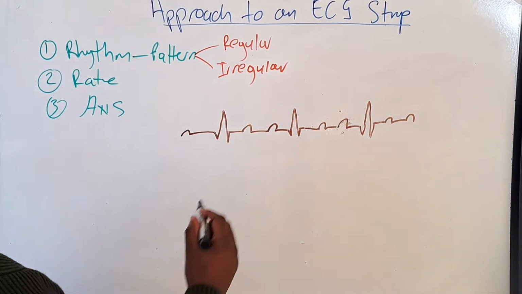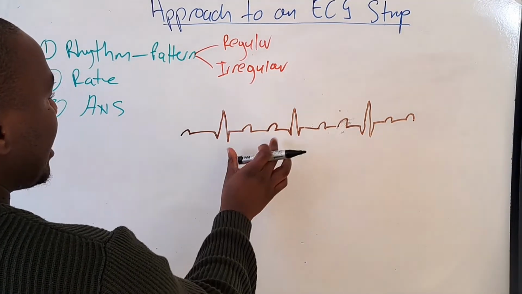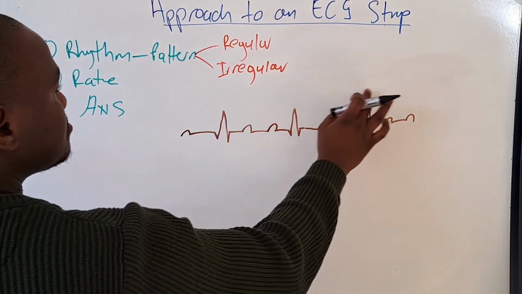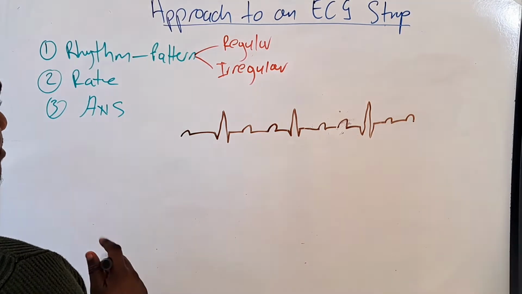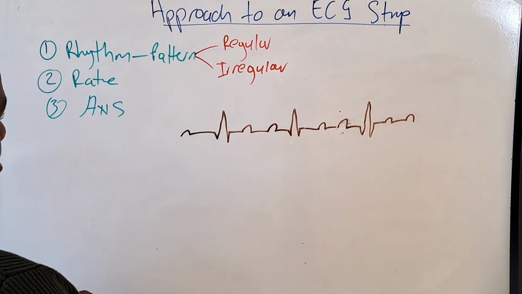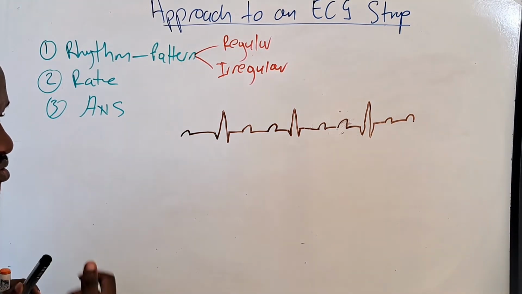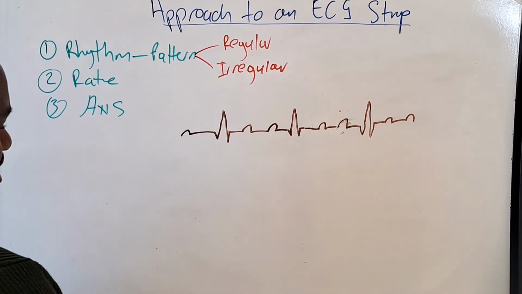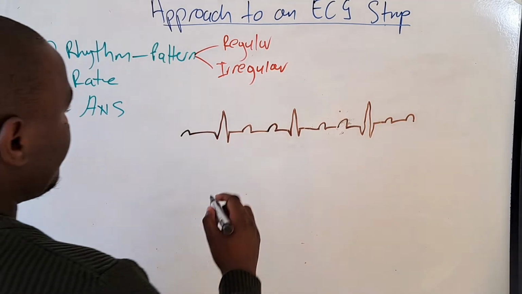Try and figure out your R waves like that. Look at them, and if you have a ruler, use your ruler, or whatever is easily accessible. Personally, I take a piece of paper.